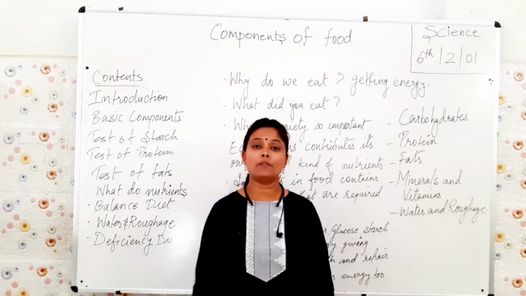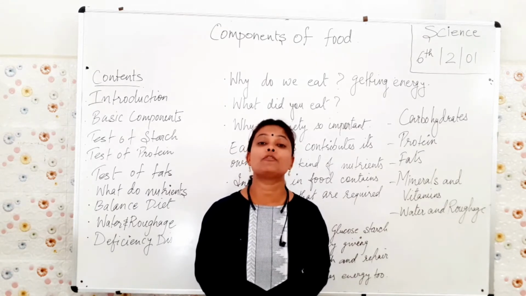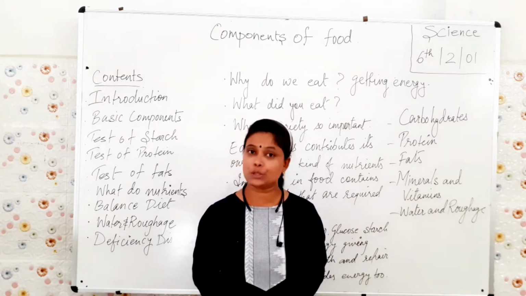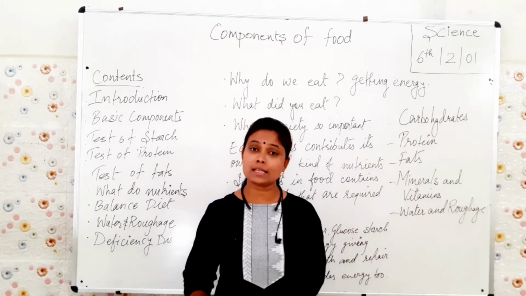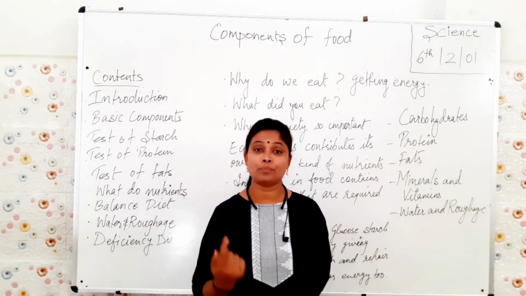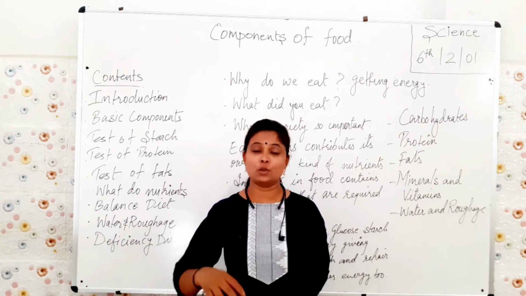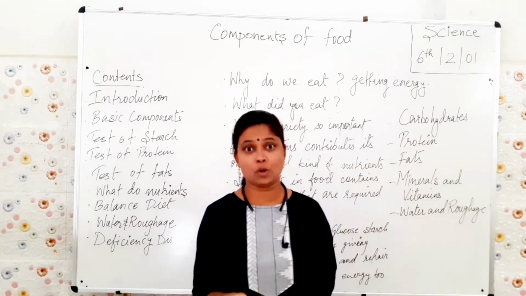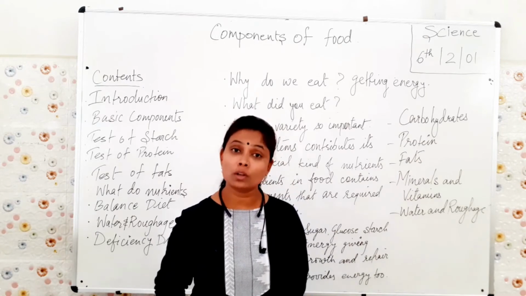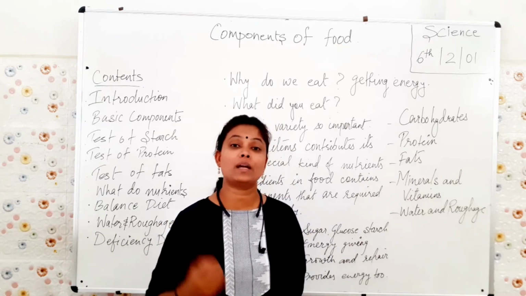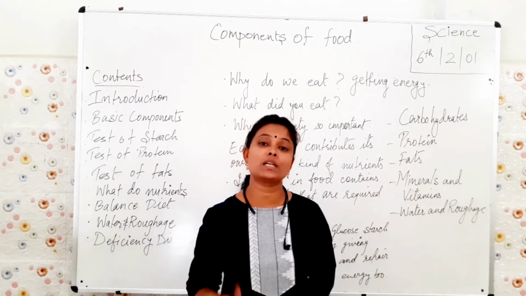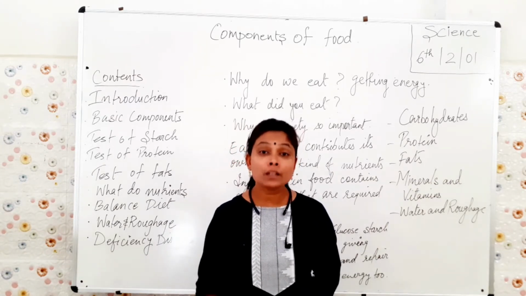You are a member of a single family, a family which has father, mother, brother, sister. So it is not necessary that you have the same eating habit. You like to eat one apple, but your mama, your sister, it can be possible they like to eat two. Why? Because it depends upon the requirement of the body, how much food is required for you. Okay?